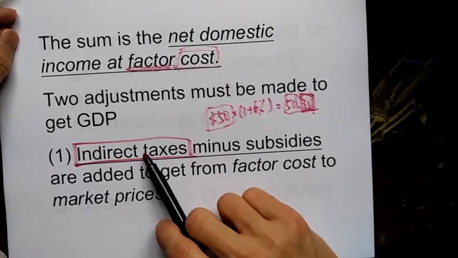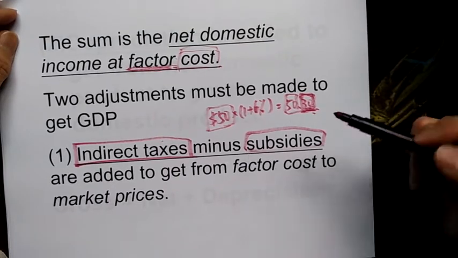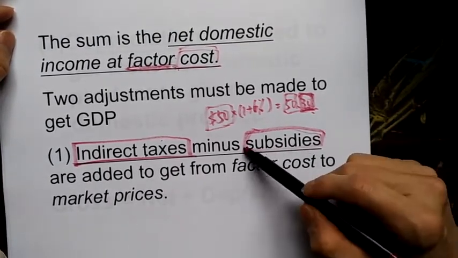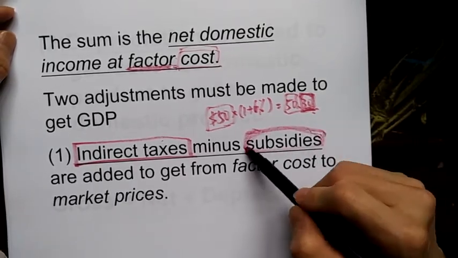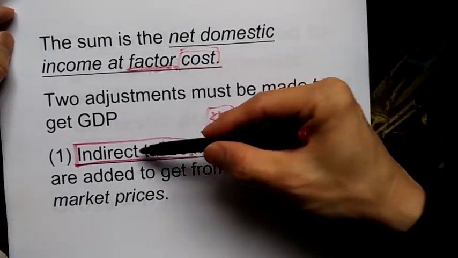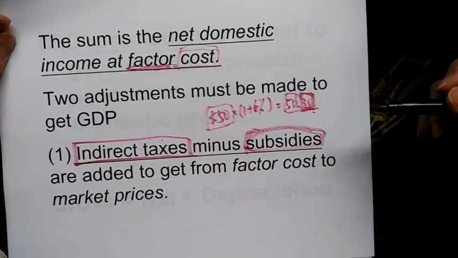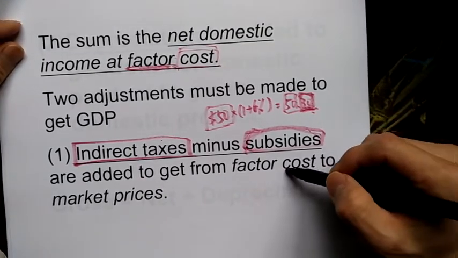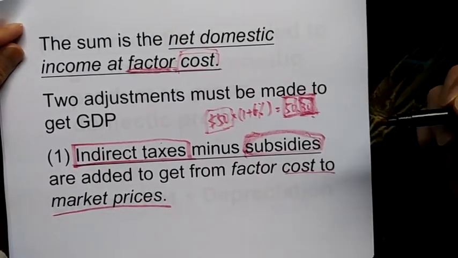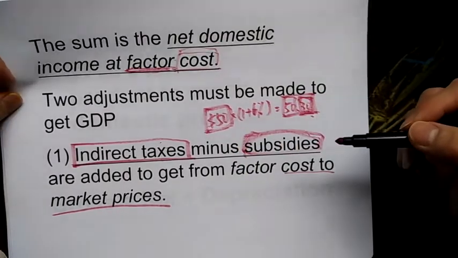The government not only taxes you, but sometimes they subsidize the companies or subsidize the consumers. So subsidies are just like a negative tax. So the net tax will be indirect tax, that is the sales tax, minus the subsidies. That will give us the market price, because the market price is $50.30. It is not $50.